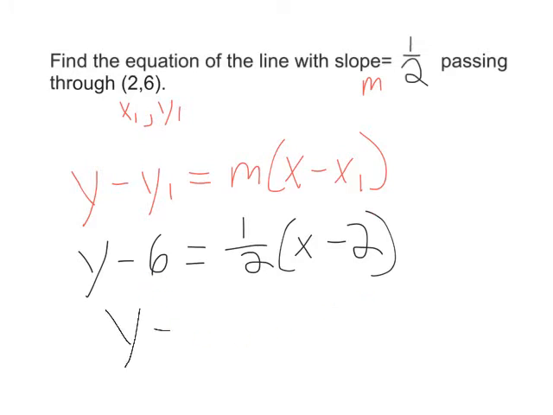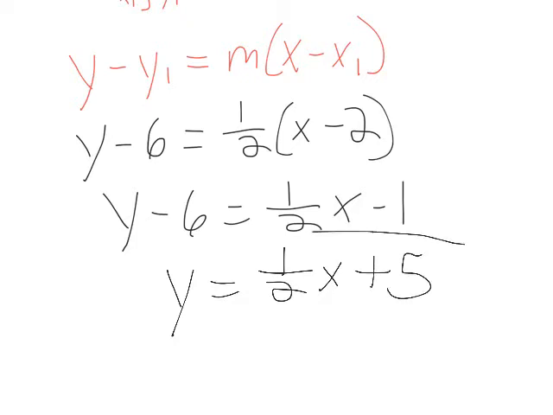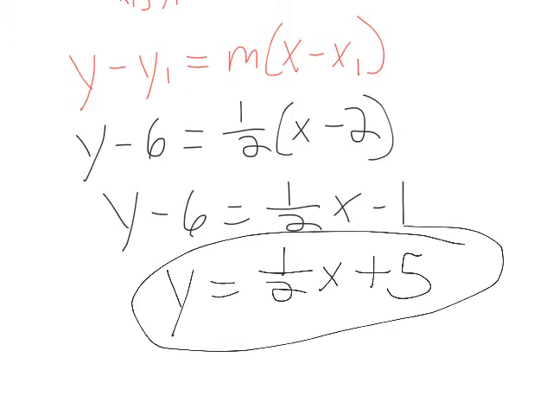So y minus 6 is equal to 1/2 x minus, what's 2 times 1/2? That gives you a 1. Then we add 6 to both sides. y is equal to 1/2 x minus 1 plus 6 gives me plus 5. And now I'm in slope-intercept form, and that's how I want to end it.